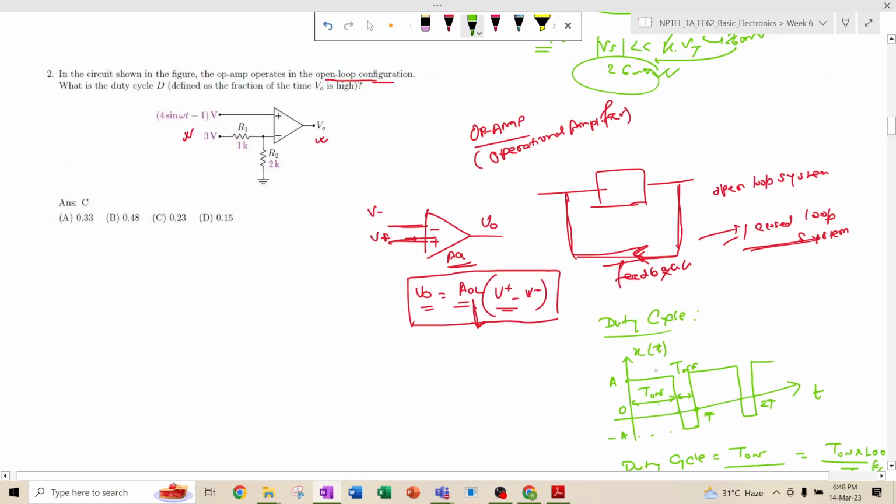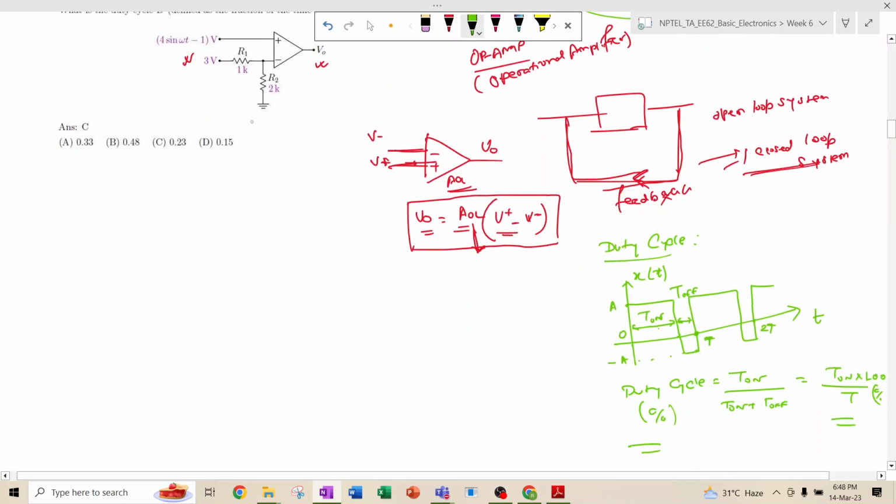You understood, right? Now in this circuit it says the op amp operates in the open loop configuration. What is the duty cycle D, defined as the fraction of time VO is high? So now I am redrawing the circuit, with plus and minus terminals.